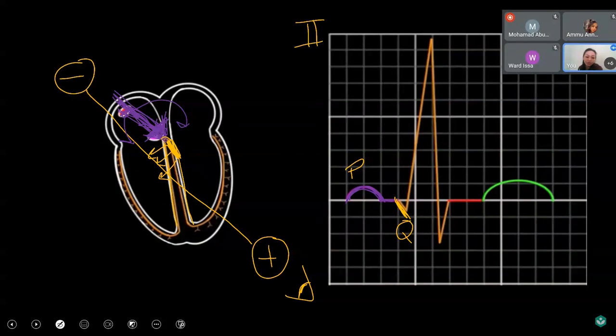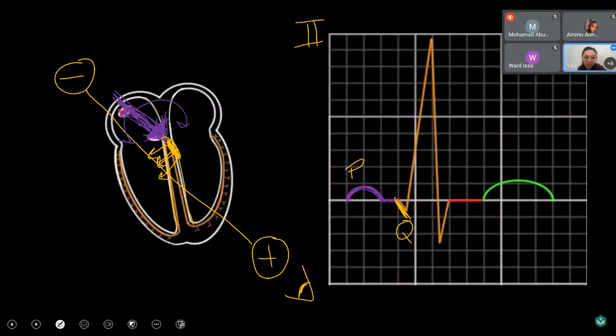Is this going towards the positive pole or not? Do you see the arrows? They're not pointing towards the positive anymore, are they? They're kind of perpendicular to the positive pole.